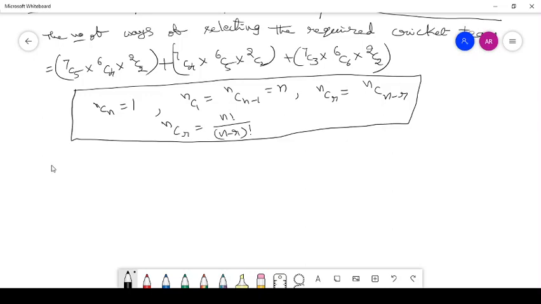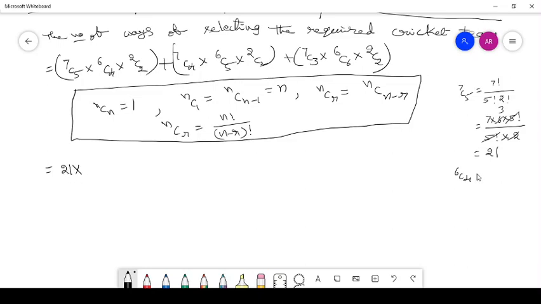First, 7C5. By using the nCr formula, this is 7 factorial by 5 factorial into (7 minus 5) factorial, which is 2 factorial. 7 factorial can be written as 7 into 6 into 5 factorial, so 5 factorial cancels. 2 threes are 6, so 7 threes are 21. 7C5 is 21. So 21 into 6C4.